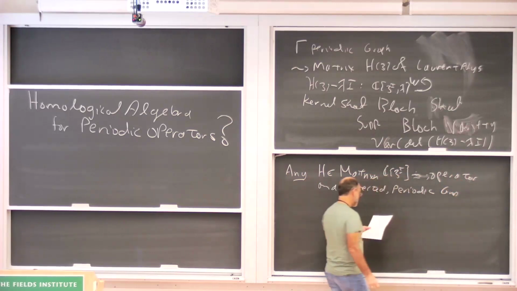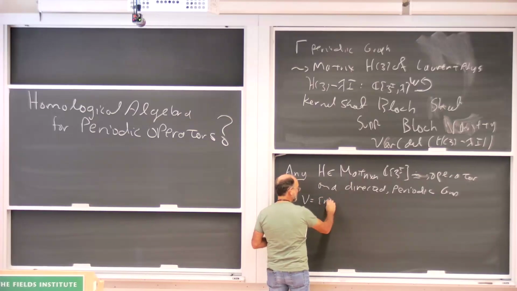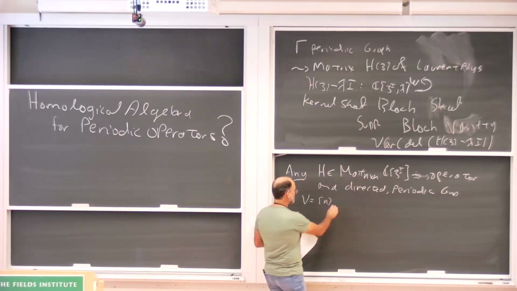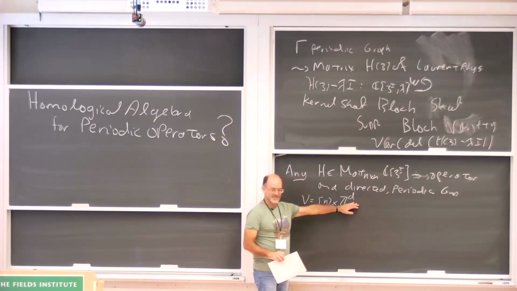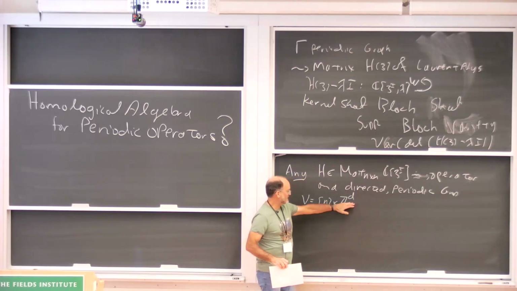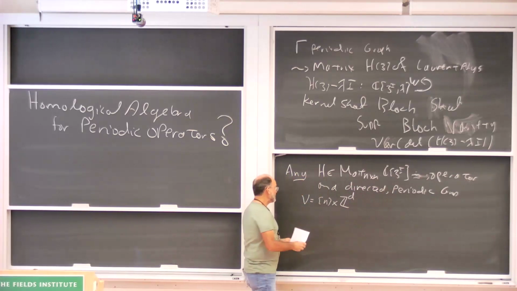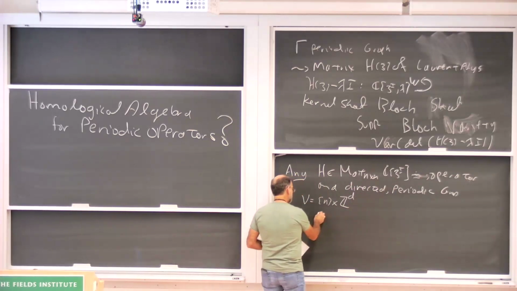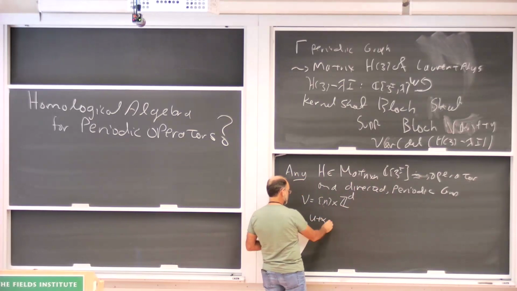And what's the graph? So the vertices of the graph are simply, so this is n by n, so they're the column or row indices times Z^d. I'm going to assume these are d variables. So these are the vertices, and then you have an edge between u plus alpha, where u is a number from 1 to n and alpha is an element of Z^d, and v plus beta.